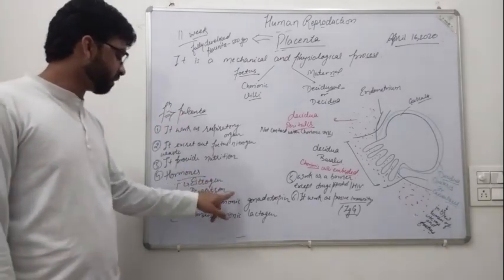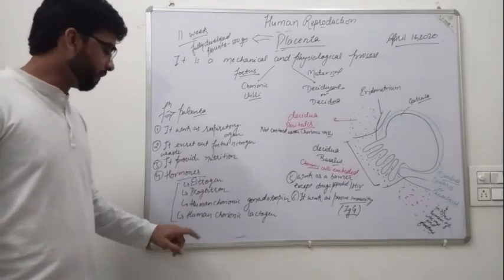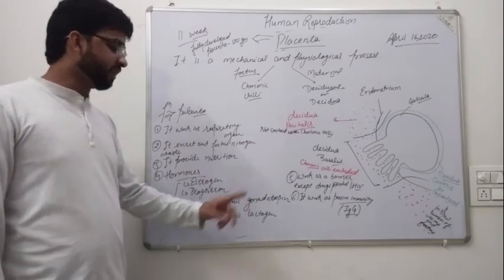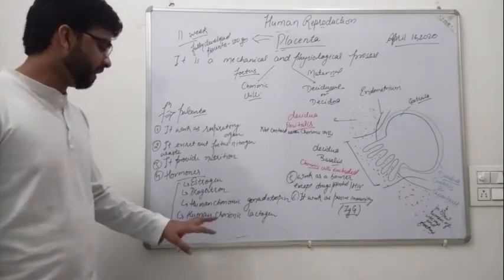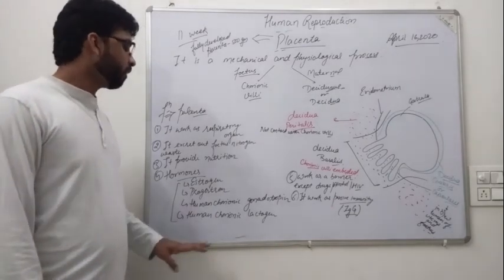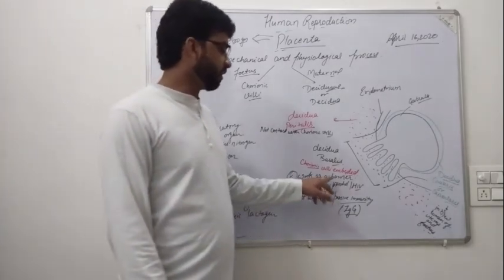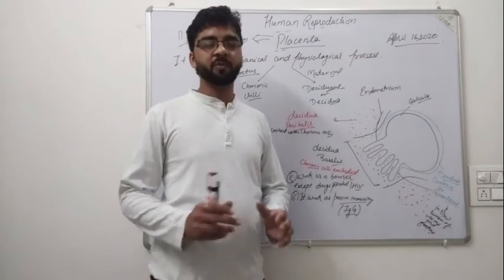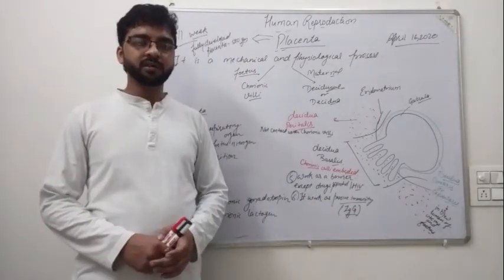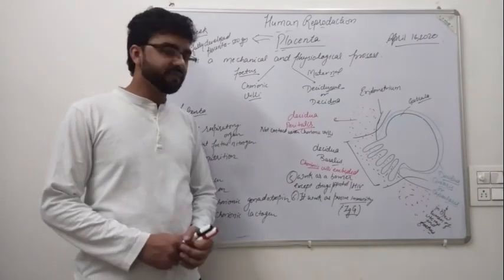Hormones: estrogen, progesterone, human chorionic gonadotropin and human chorionic lactogen. These are secreted during pregnancy. Lactogen is responsible for lactation in a female. It works as a barrier, but it can't prevent some things like alcohol, drugs, HIV, AIDS.